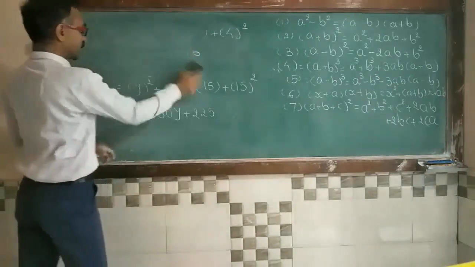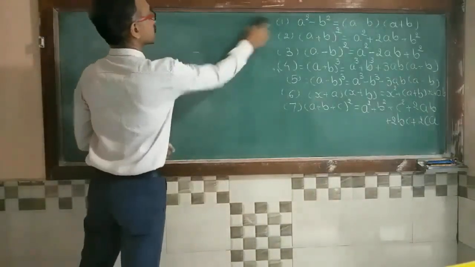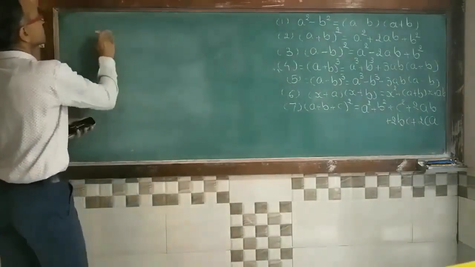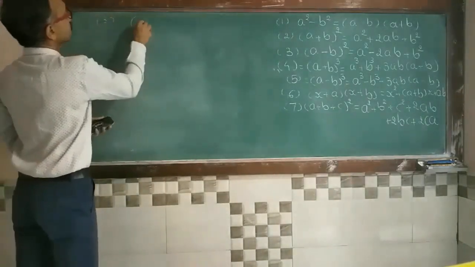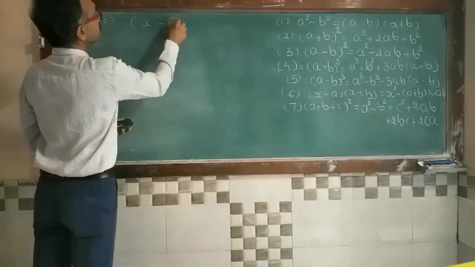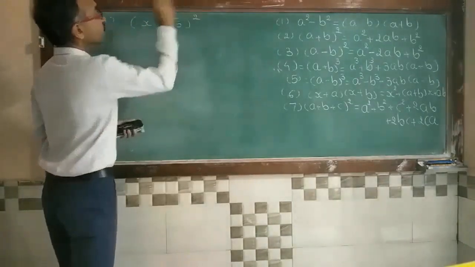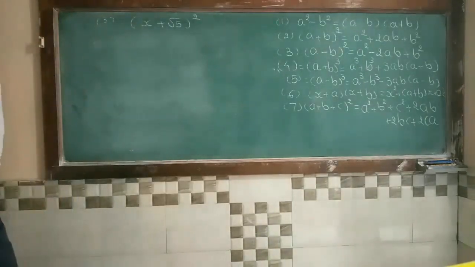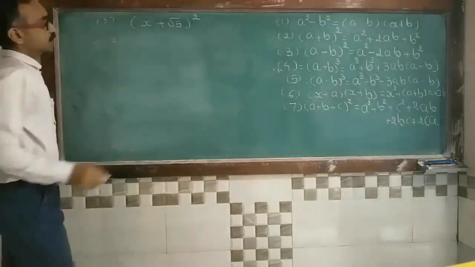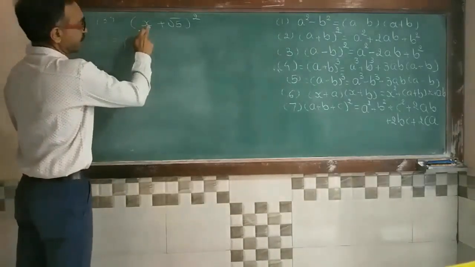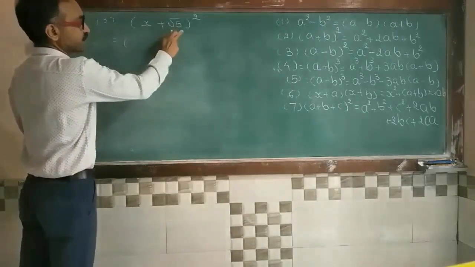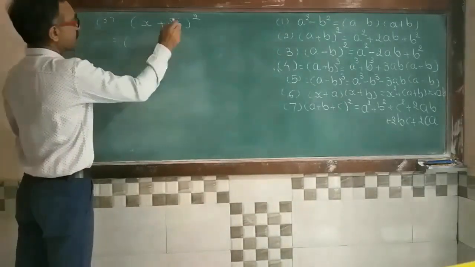Now suppose you are given x plus root 5 whole raised to square. Then see, here a is equal to x and b is equal to root 5.